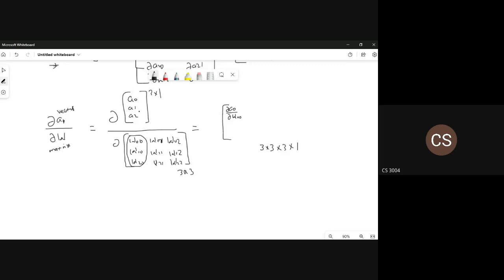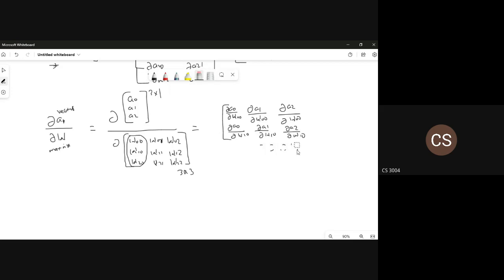Now you form the matrix, but this time I'm taking a vector with respect to vector, the first column vector. So it is going to be dou A0 and dou A1 by dou W00, and then dou A2 by dou W00. Okay. And then the next thing, what will be the next? Same dou A0 by dou W10, dou A1 by dou W10, dou A2 by dou W10.